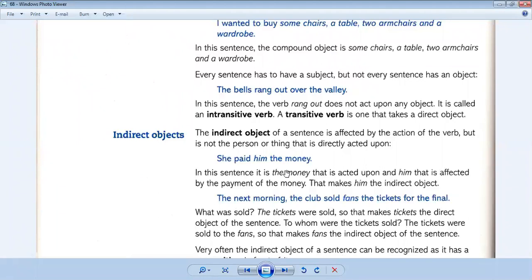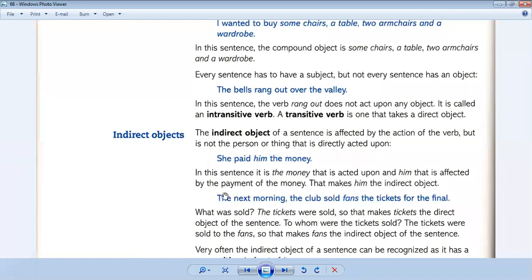You'll say him. Him is the indirect object. So this sentence has two objects, but one is direct, one that really goes directly from the verb to it. And there is another one that is affected by the verb, which is him. So in this sentence, it is the money that is acted upon and him that is affected by the payment of the money. That makes him the indirect object.